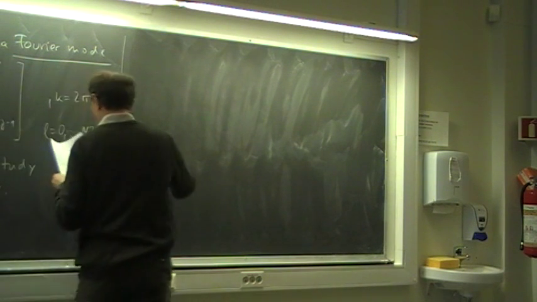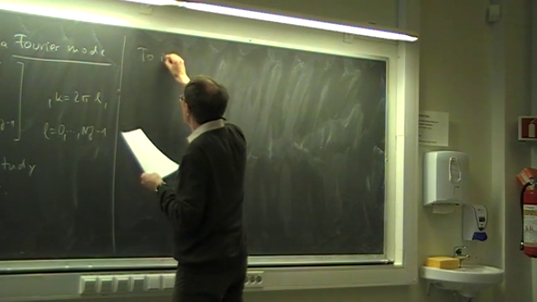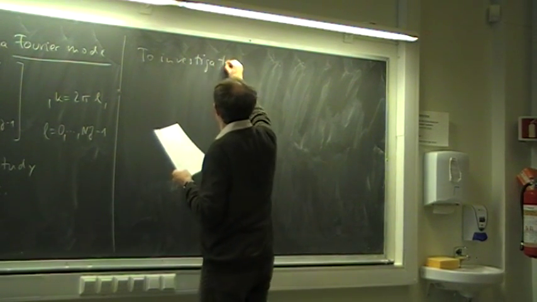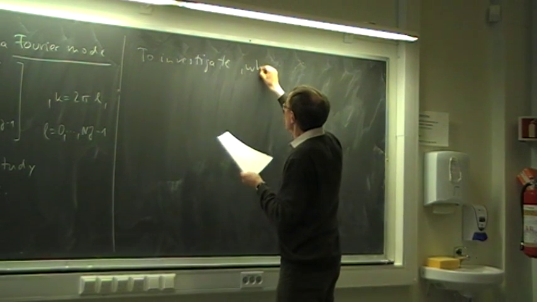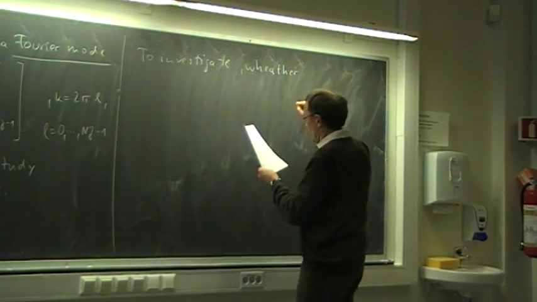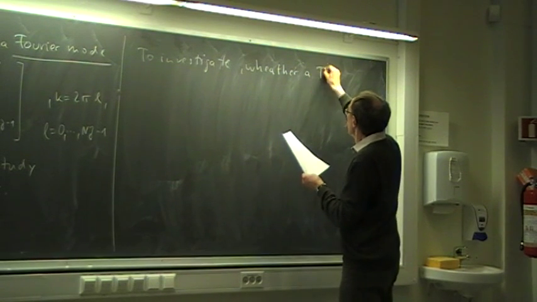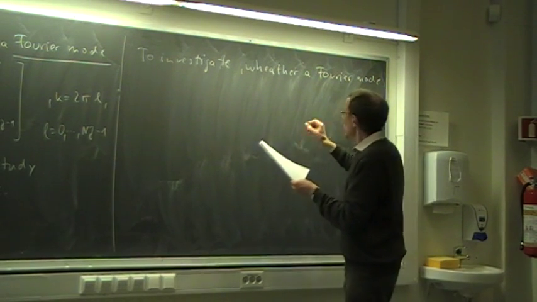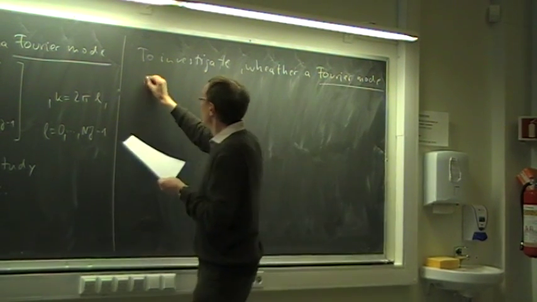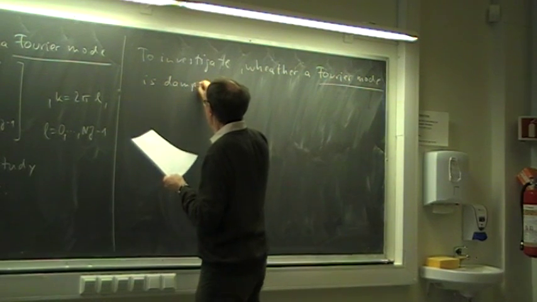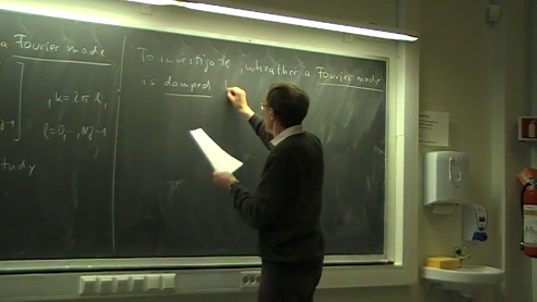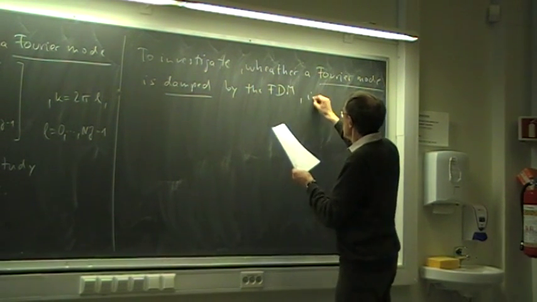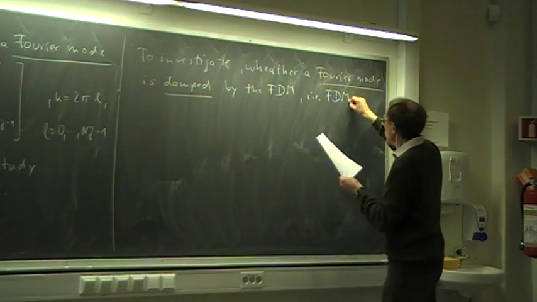So let us write the goal. To investigate whether a Fourier mode is damped when we apply the finite difference method. And that means that the finite difference method is stable.